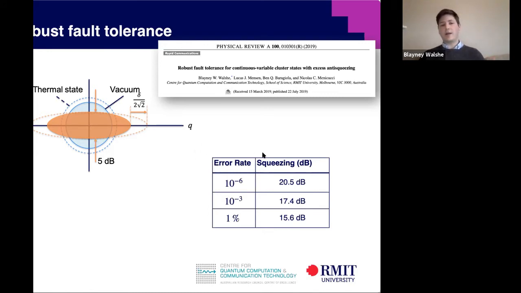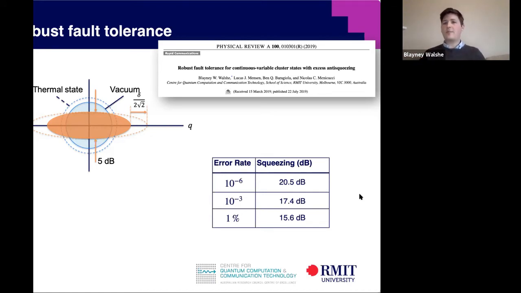But at the same time, in that paper, we said this 10 to the minus 6 is a pretty conservative error rate. So we said 10 to the minus 3 and even 1% requires 17.4 decibels of squeezing in your cluster state, or 15.6. So this is just to give you an idea of where these numbers were for the canonical cluster state.